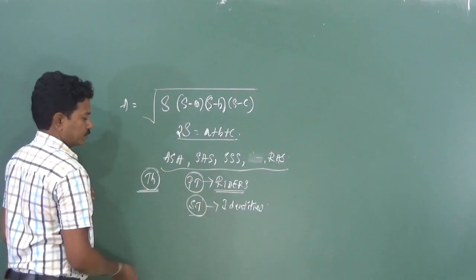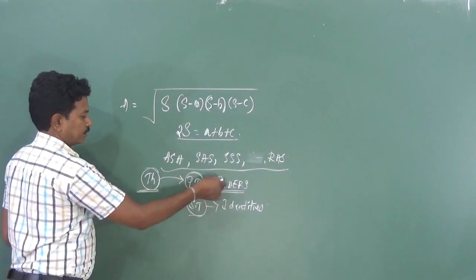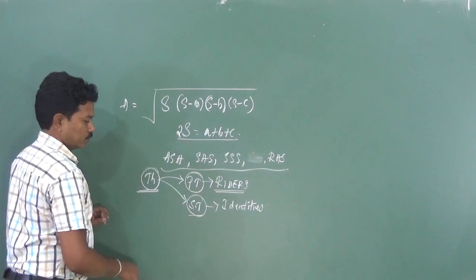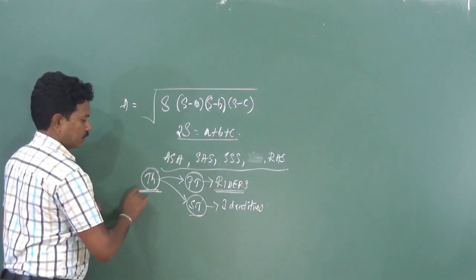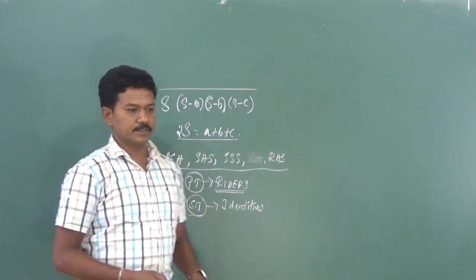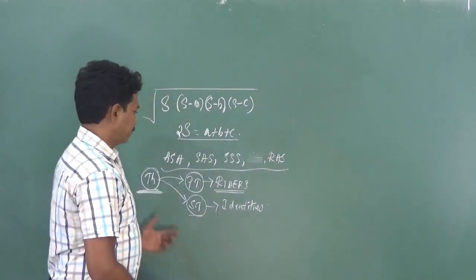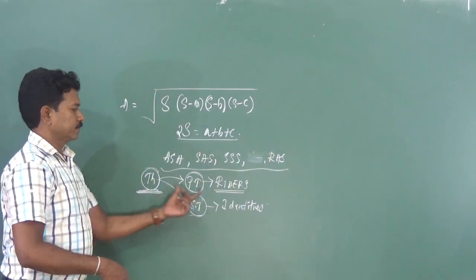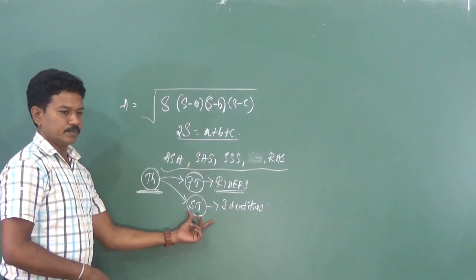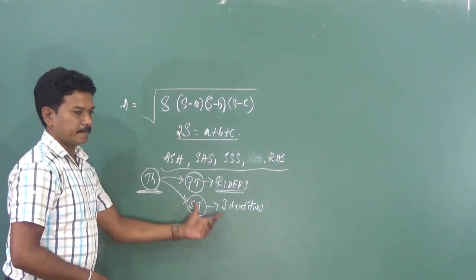Some 3 to 4 theorems you are going to come across. Then prove that problems are called riders. Then show that problems are identities. They follow the theorems, so they are also true. If the enunciation in the theorem which we have proved is true, then this is also true. So these are called riders and identities.